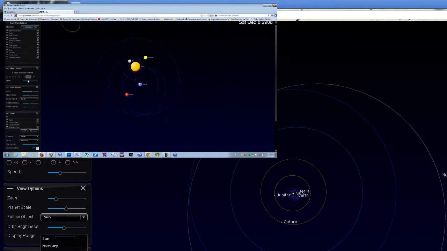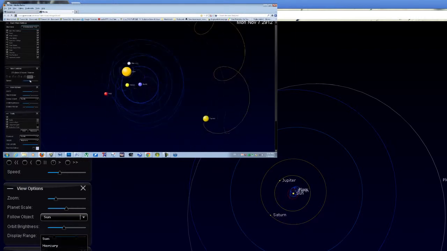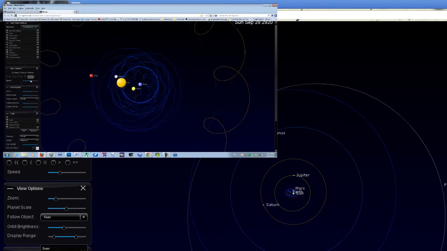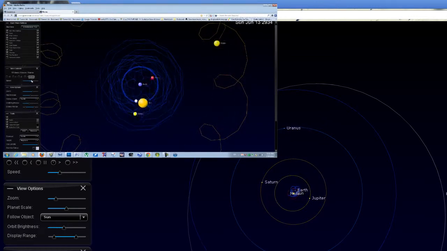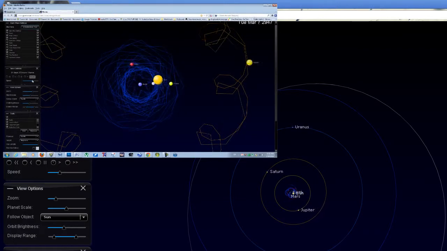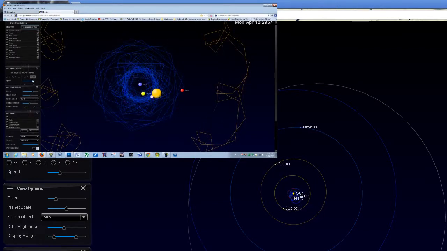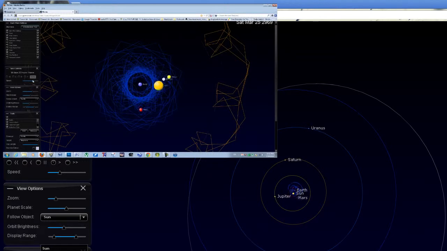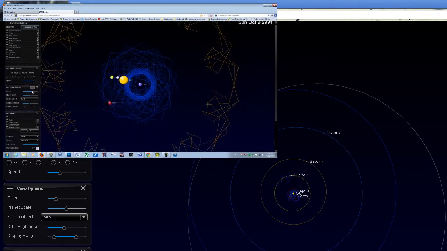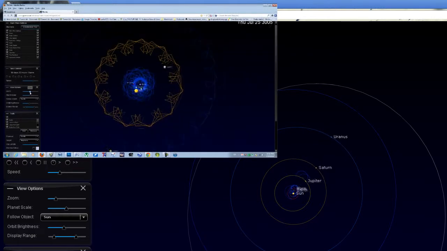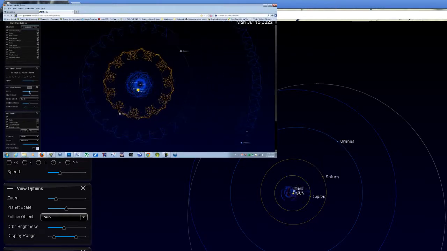From the observer Earth a trail targeting Mars. A trail from Earth targeting Jupiter, which he made green, I think.